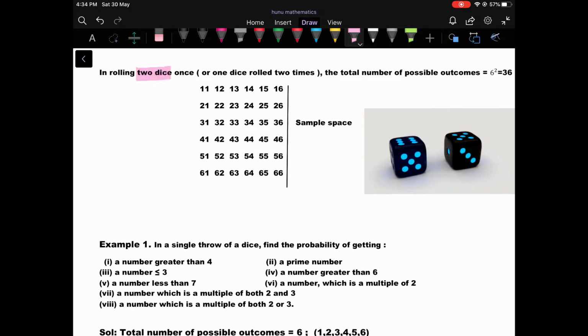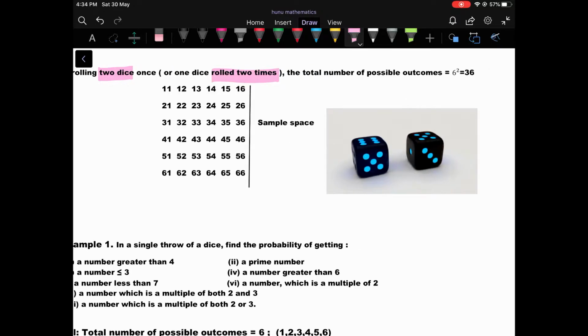In rolling 2 dice once, or 1 dice rolled 2 times, the total number of possible outcomes will be 36. 6 represents the 6 surfaces bearing the numbers 1, 2, 3, 4, 5 and 6, and the power 2 represents the number of dice.